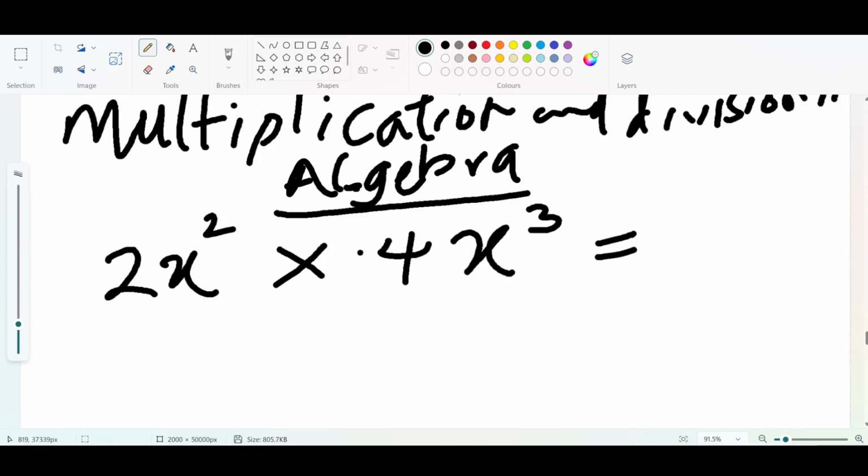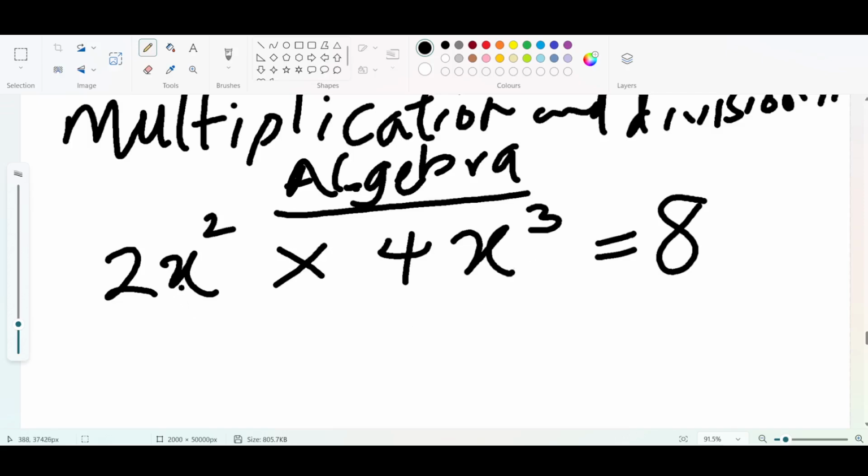What we do in multiplication in algebra is multiply the coefficients the way we normally multiply numbers. That is 2 times 4, and that gives us 8. Now we look at the x. Whenever we multiply them together, whether they have different powers or the same power, we add the powers together.